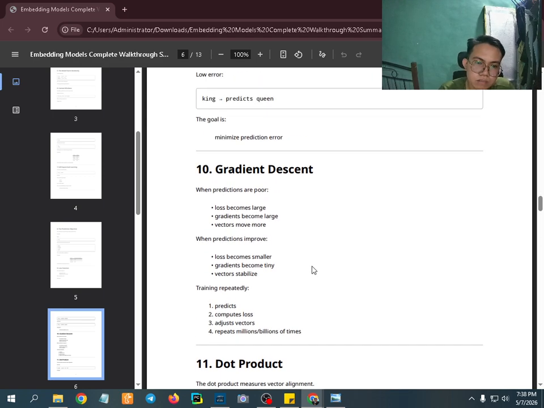Next is gradient descent. Gradient descent is used in the training. It is part of the training process where we update the parameters towards the minimum loss.